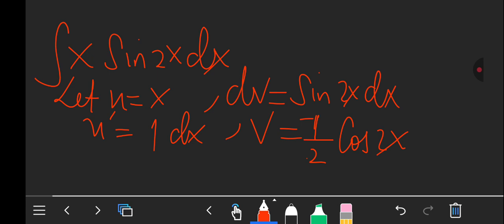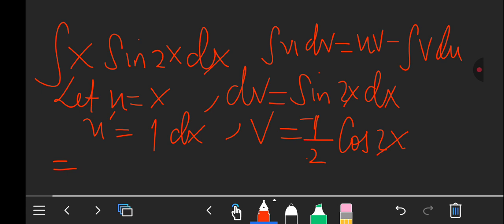It is the same formula we are using, which is integral of u dv is equal to uv minus integral of v du. So when we start to integrate this, what is our u? Our u is simply x. Now what is our v?